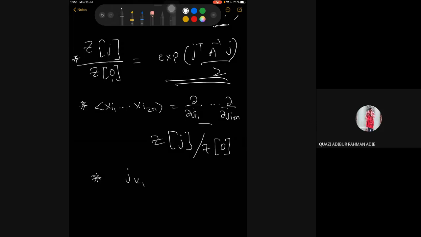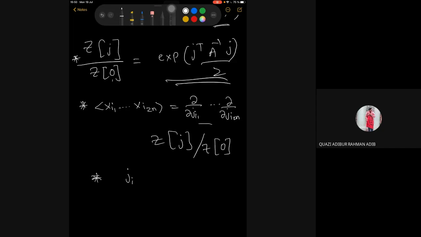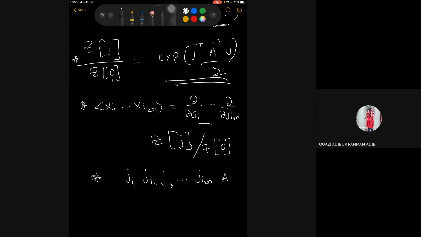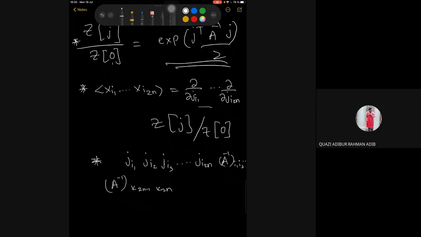Let's say you have some j_{i2} j_{i3} up to j_{i2n}, and you will have these inverses corresponding to them, A inverse i1 i2, and so on up to A inverse k_{2n-1} k_{2n}. For now we'll just accept these things.